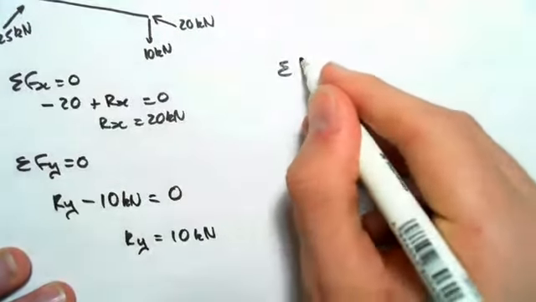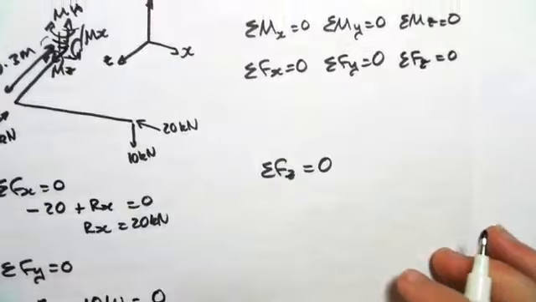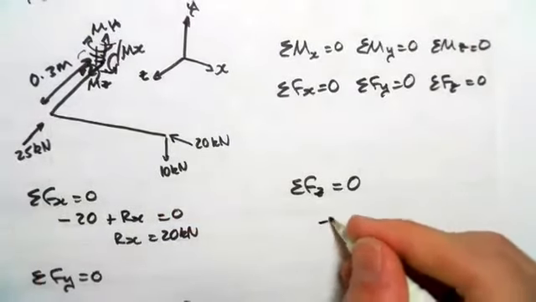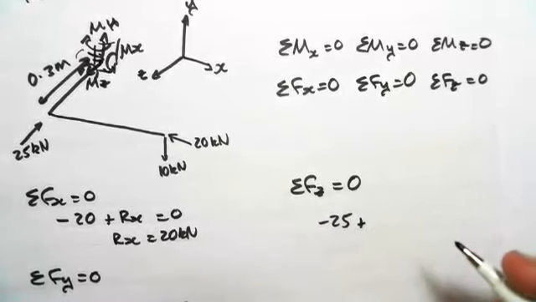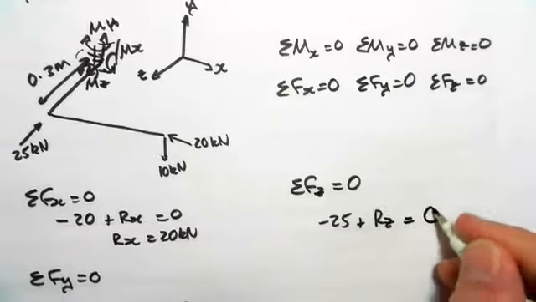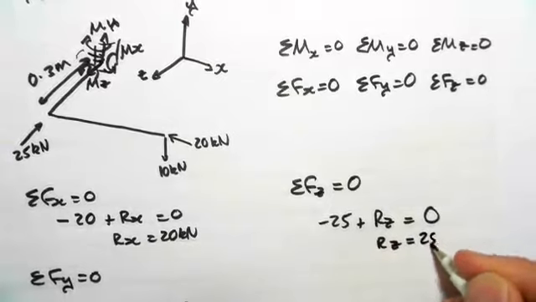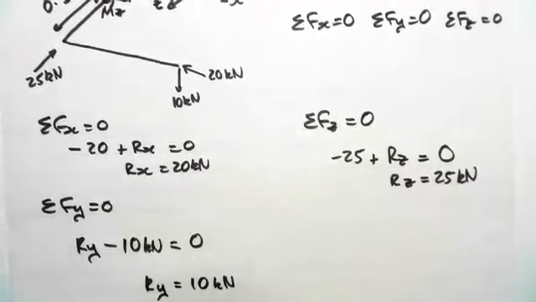Now for Fz equals 0: we have negative 25 kilonewtons, and we usually label the Rz as positive, so plus Rz equals 0, and Rz equals 25 kilonewtons. Okay, so that's everything you should be reasonably used to. It's just global equilibrium in another dimension as well. Now we want to do the moments.